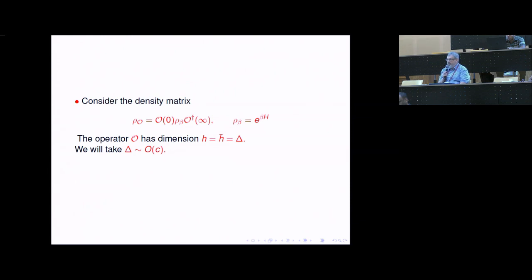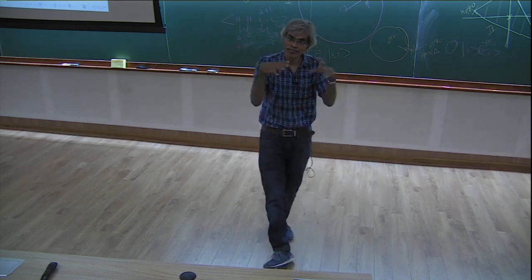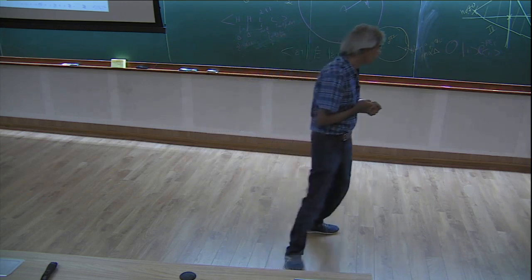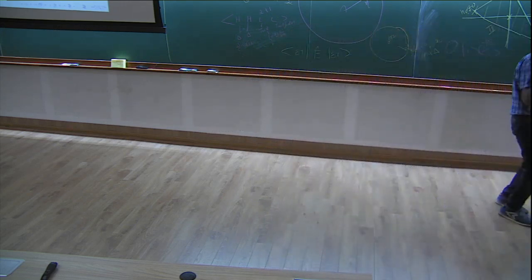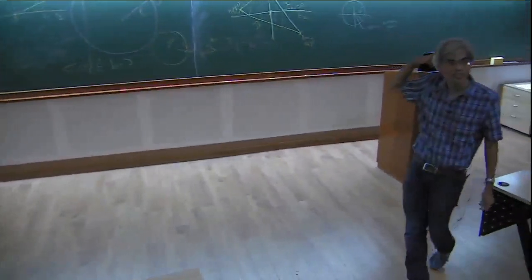Yeah, that's what we have been trying to work towards. Trying to understand the fact that the saturation of bounds is related to the presence of null states, I mean, the saturation of the unitarity bounds, basically. But right now, what we have been using is basically reflection positivity in CFT to arrive at this particular saturation. That's what we've been using.